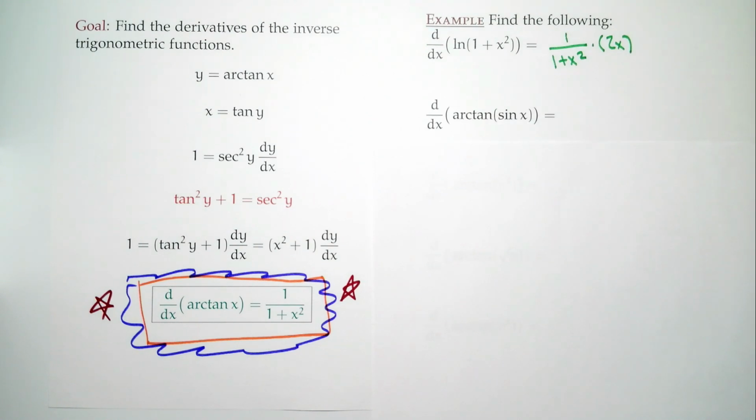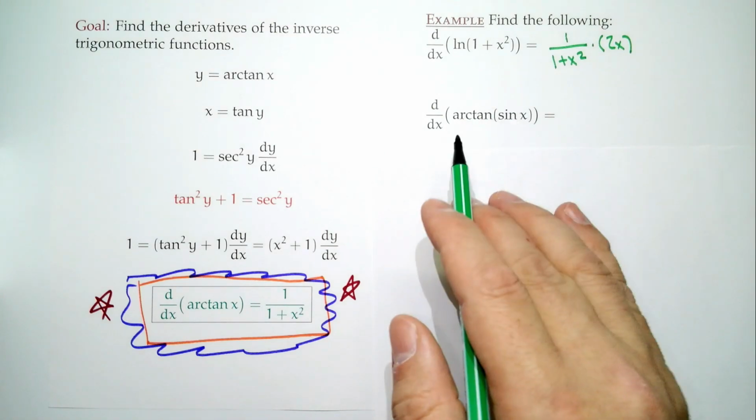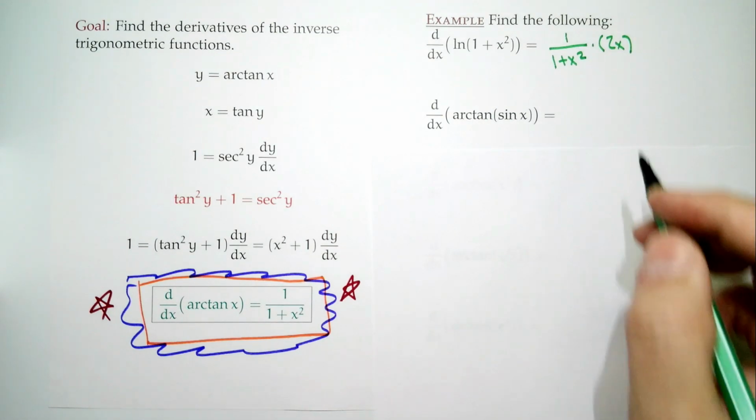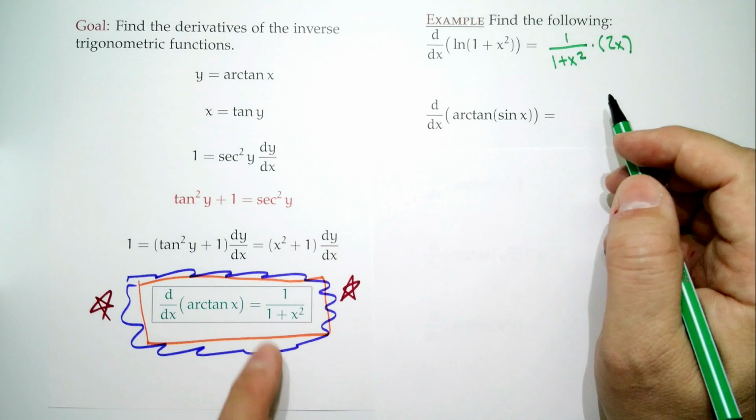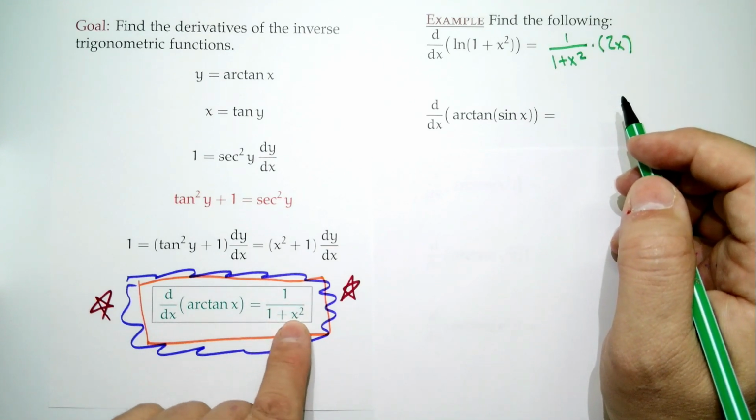What's the derivative of arctangent of sine of x? What rule do we need? It's the chain rule. The sine is a function inside of the arctangent. So, according to the rule, it's 1 over 1 plus the inside squared.